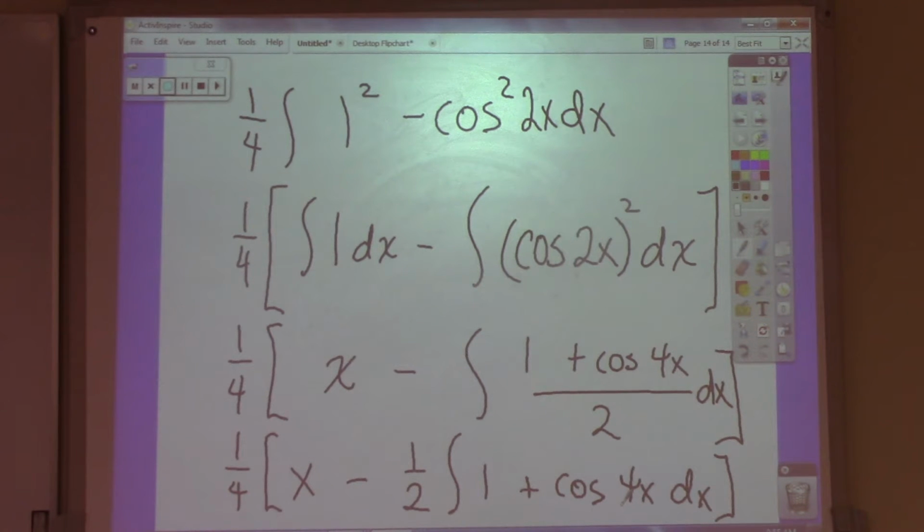So you're going to have to multiply by 1/4, and then the antiderivative of cosine is what?